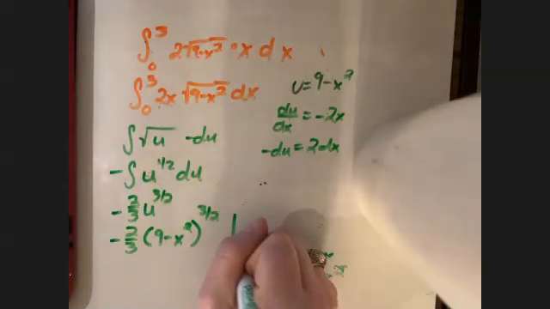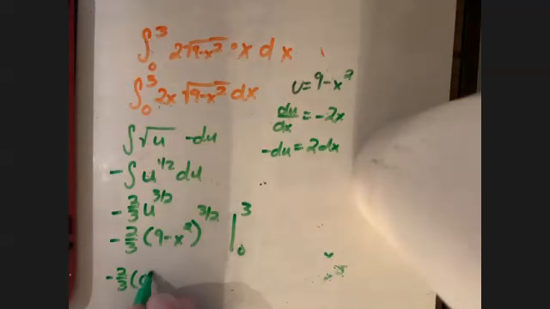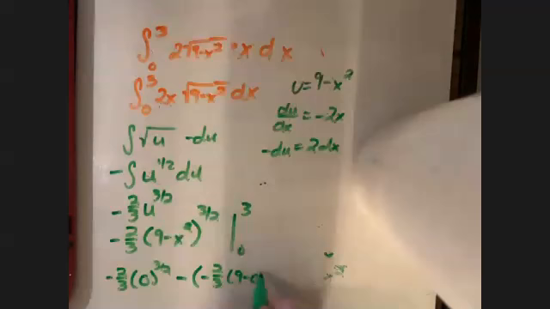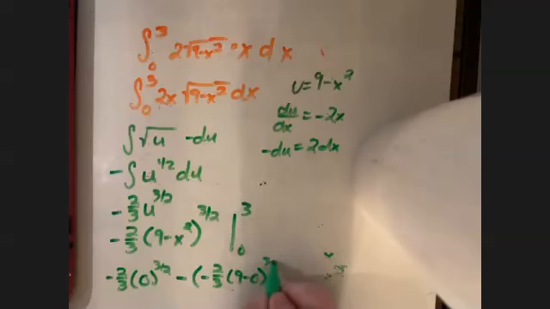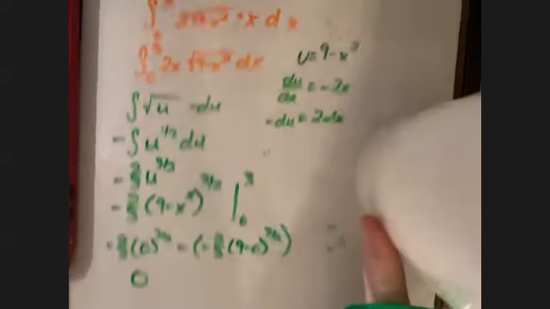Okay. So if I plug in, I have negative 2/3 times 9 minus 9, so it's going to be 0 to the 3/2, minus negative, 9 minus 0 to the 3/2. This is going to go to 0 up here on the front end.